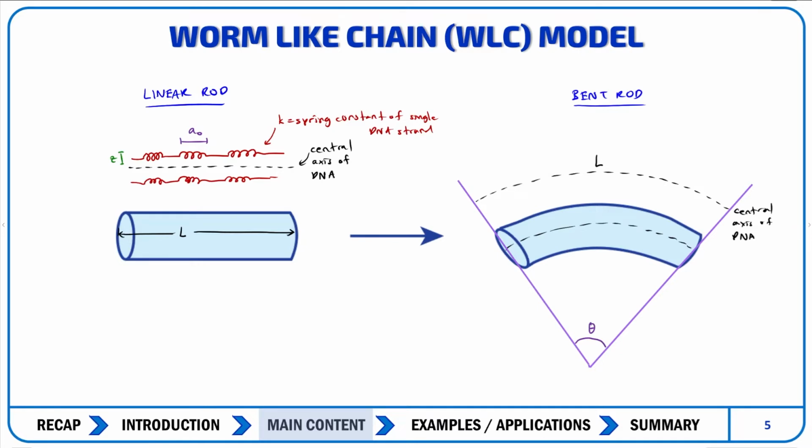It means that I now have my upper DNA single strand and my lower DNA single strand. They're going to be a little bit extended. So here I have something like this, approximately.